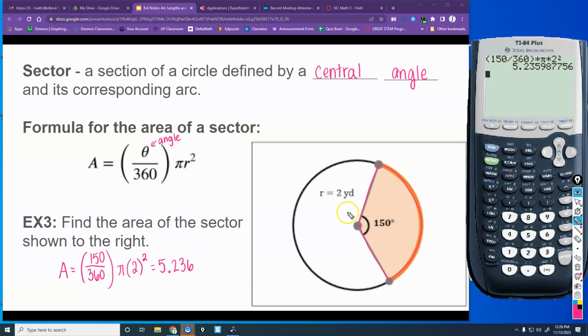And this is an area, so it is going to be in yards squared. Not cubed. Cubed would be volume. We want squared right there. 5.236 yards squared.